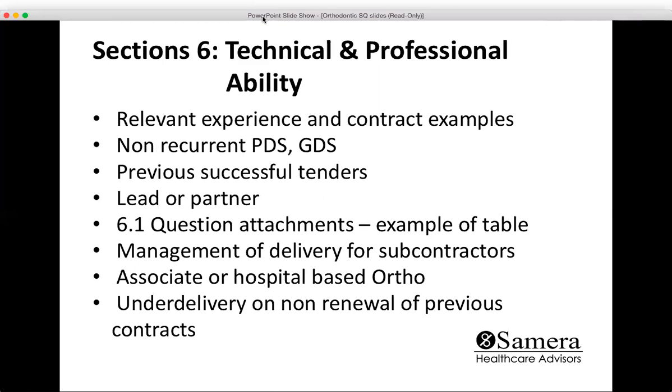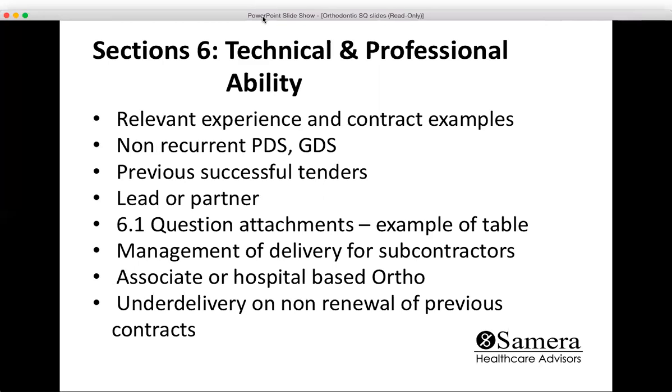Basically, it's proving to the commissioners that you understand the requirements and you are able to deliver what is required of you. And also, don't just limit this to orthodontics. It might be general dentistry or IMUS contracts. Just really talk about anything NHS tender related. And if you have been successful for a tender elsewhere, again, give the details, because that shows that you are a good bidder.